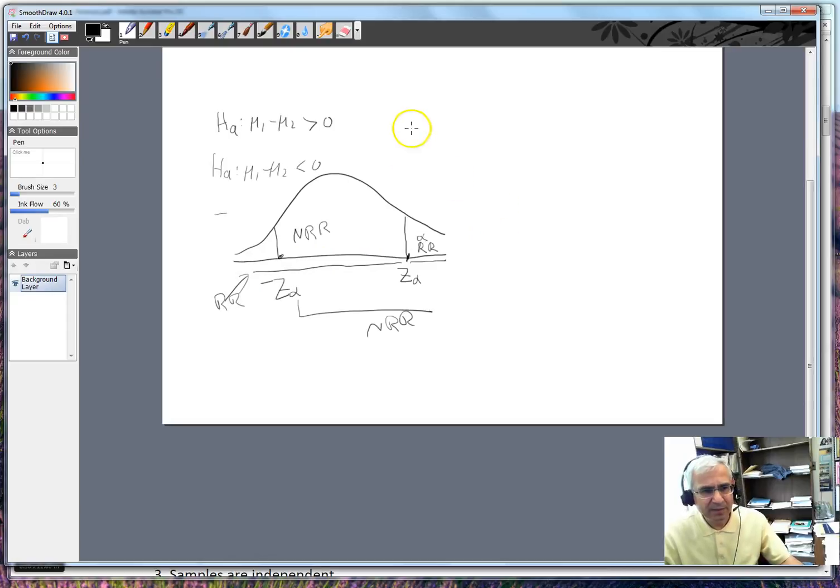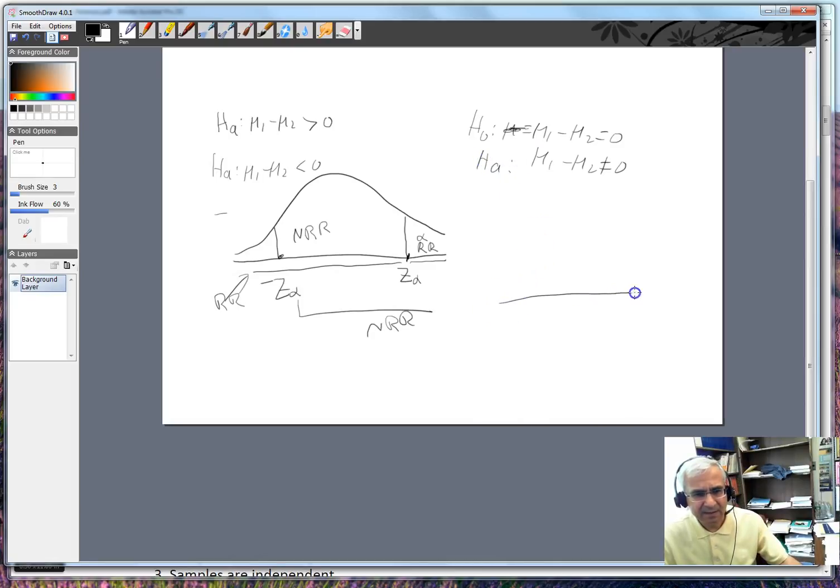And if I have a two-tail test, if I have H0: mu1 minus mu2 equals 0 versus mu1 minus mu2 not equal to 0, this is my alternative. Then my graph is going to look like this.